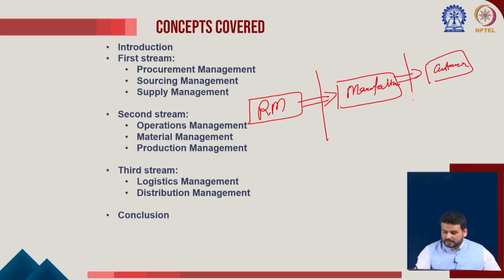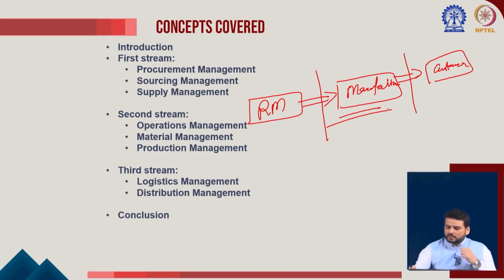So, today we will start our discussion on this second stream, where we will take care of your operations management, how we are managing different activities under that, right. Then we will talk about material management, how the smooth flow of material can be ensured. Then we will talk about how we are converting your raw materials into finished ones, right.